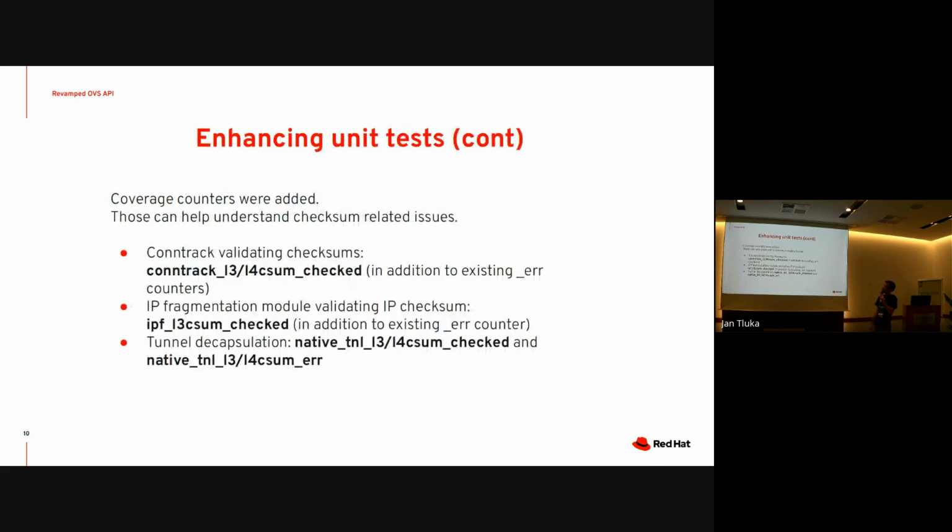As part of these unit tests, some coverage counters were added. It's interesting because if you need to look at checksum, what is happening in your datapath, you can look at those counters outside of the unit tests. It is still interesting if you want to see whether there was some evaluation of your checksum, and in which part of OVS.